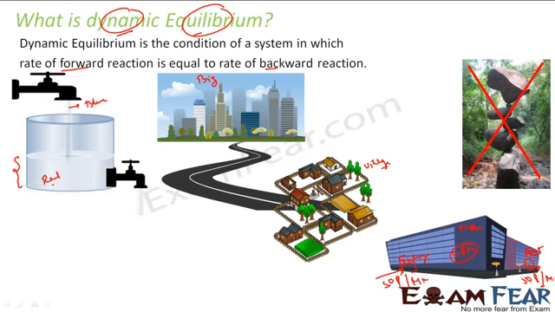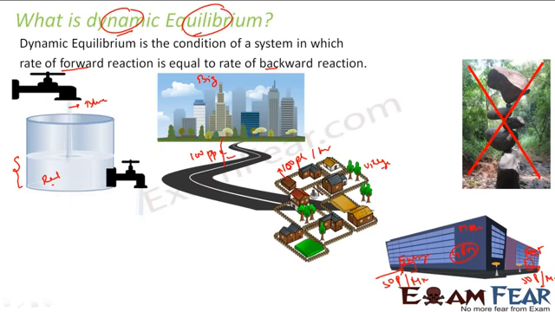Let's suppose 100 people go from the village to the big city, and another lot of 100 people come from the main city to the village, maybe to look after village administration. But if you see here, the number of people going in and coming out is same. There's equilibrium, and let's suppose this happens every hour, 100 people go from here to here, every hour 100 people come from here to here. So at the end of the day, both are in equilibrium, but the people are changing, right?